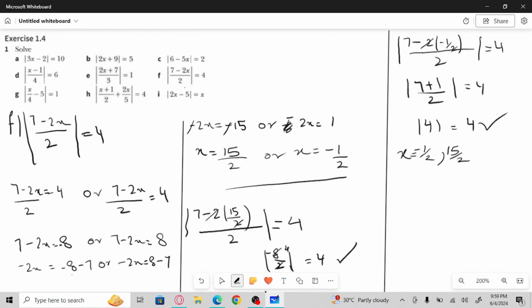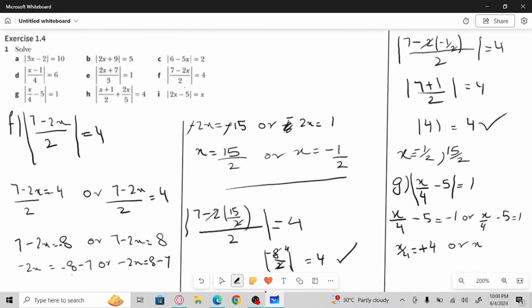Okay, part g says that |x/4 − 5| = 1. So again, two possibilities: x upon 4 minus 5 is equal to negative 1, or x upon 4 minus 5 is equal to positive 1. x upon 4 is equal to negative 1 plus 5, which becomes positive 4, or x upon 4 is equal to 6.